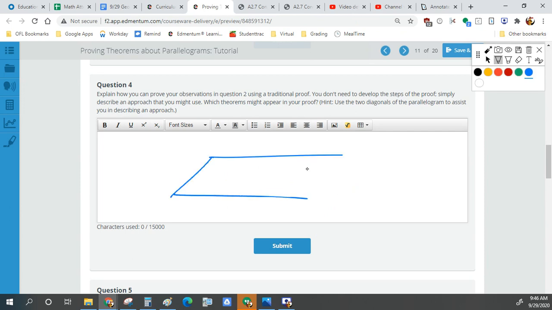So we have this. We're going to cut this in half. Cut this in half. So I'm going to say that because of alternate interior angles, this angle is equal to this angle, and this angle is equal to this angle. And then because I already know that it's a parallelogram, opposite sides are congruent. So that means this side is equal to this side, right?